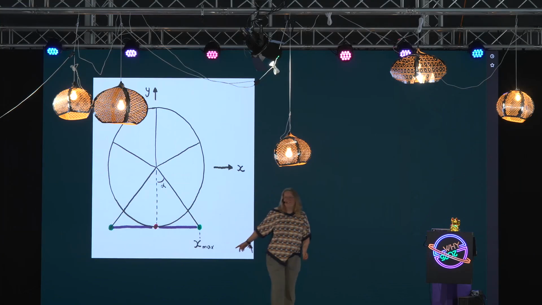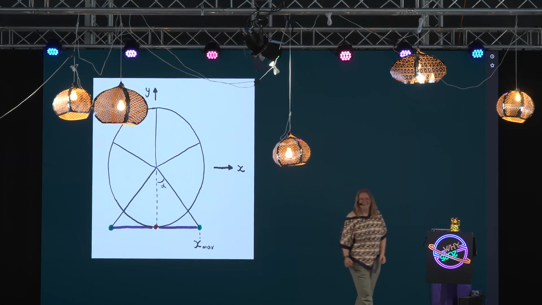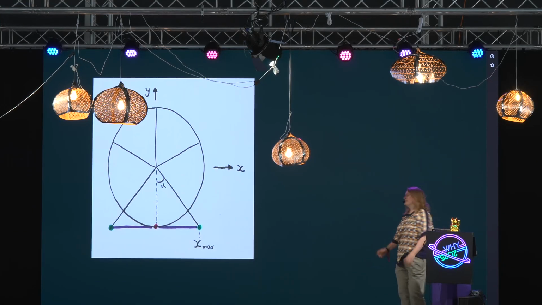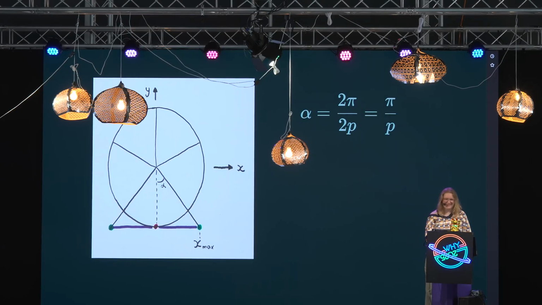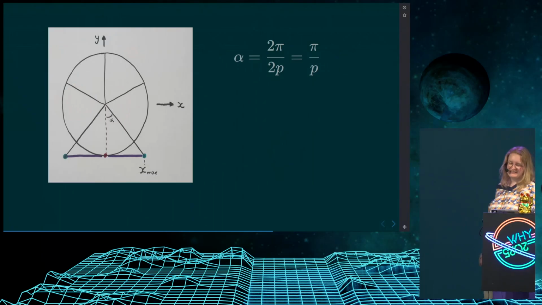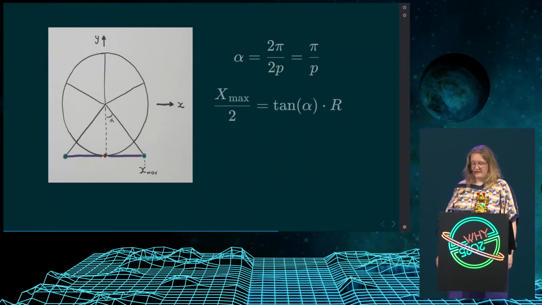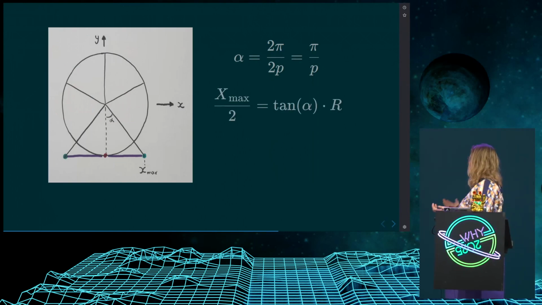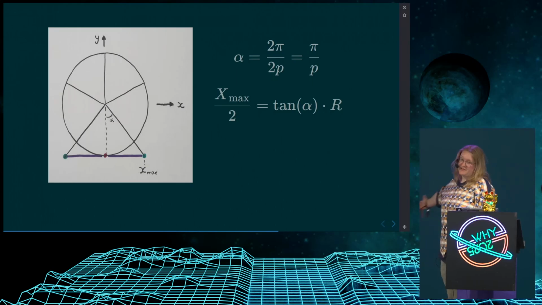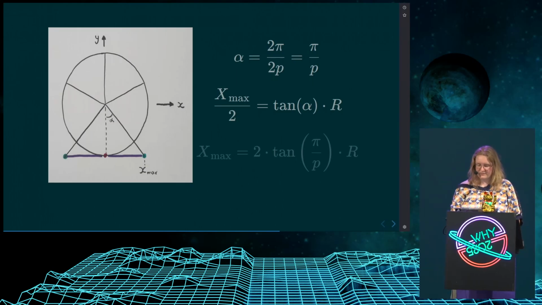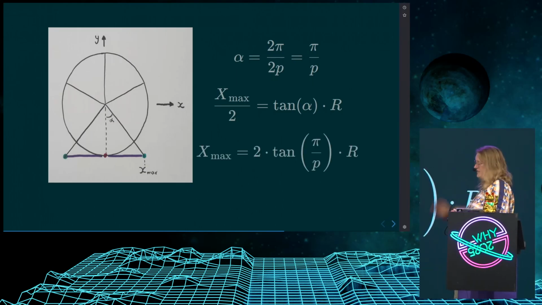Anyone want another go? It's okay. If alpha is just pi divided by the number of polygons, or gores, then half of Xmax is the tangent of alpha times the radius of the sphere. So Xmax is double that.